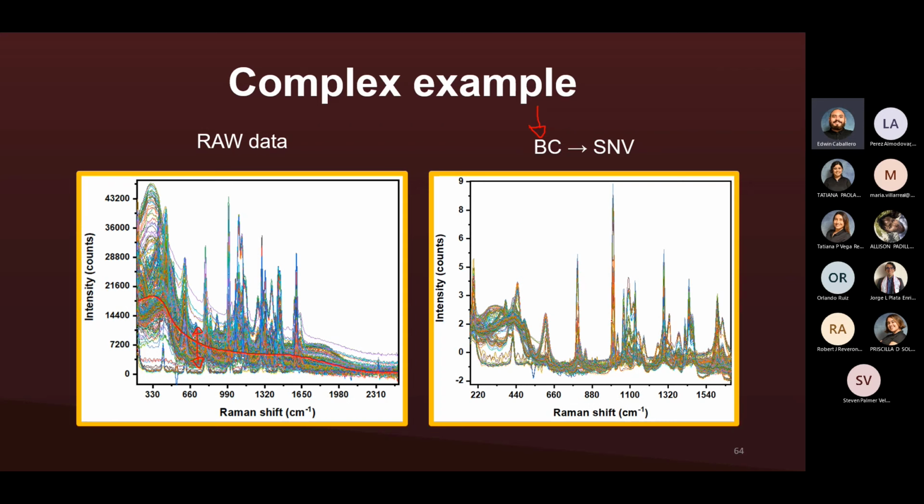And when I do that, I can see the data on the right. It looks a lot clearer. It almost has the y=0 slope, almost. And it's a lot better when you're going to analyze. Now, would I use the baseline correction? I would not. I would stay with the SNV and call it a day. But this is an example with a lot more complex data.